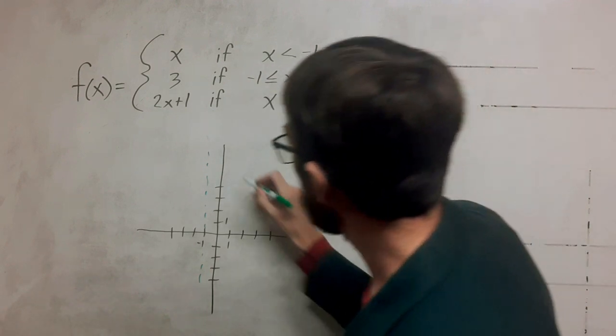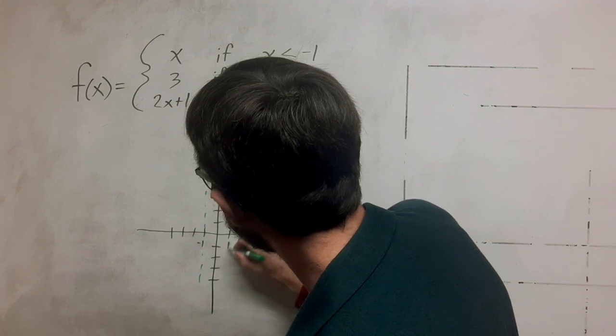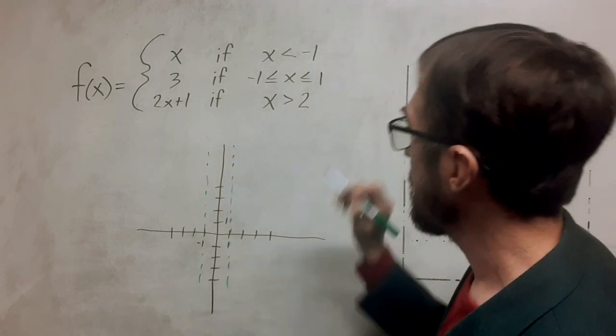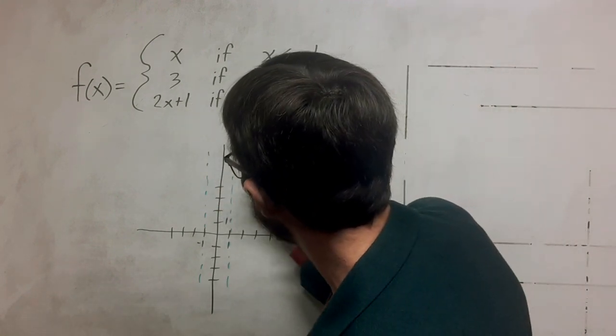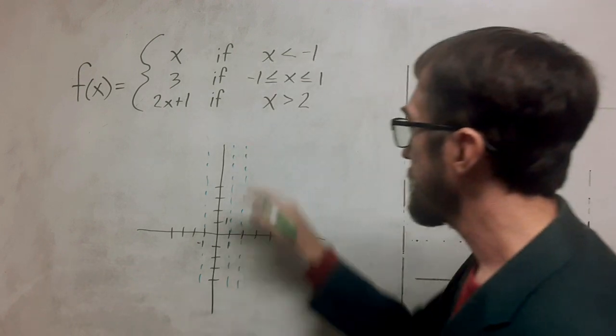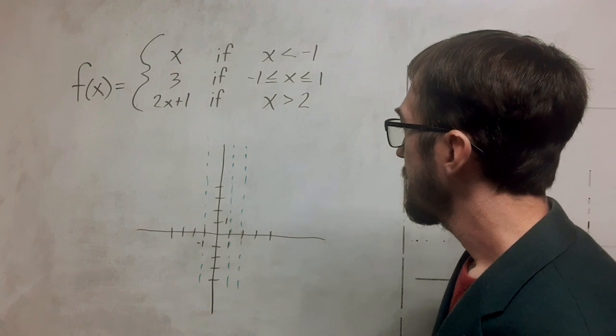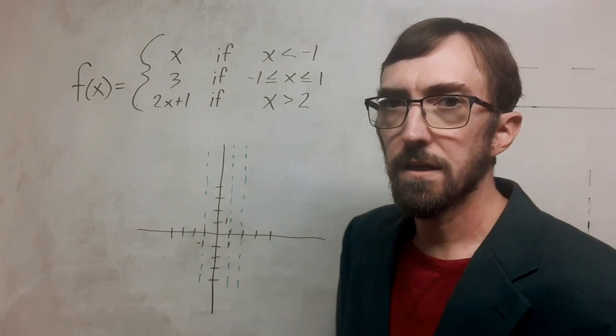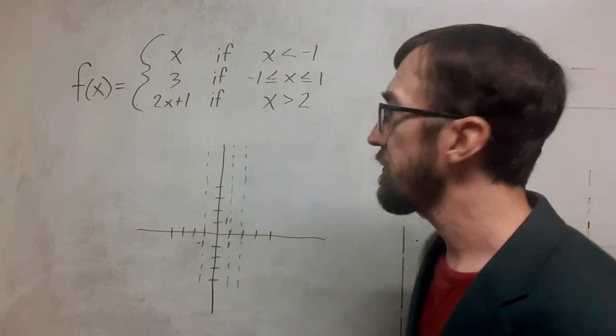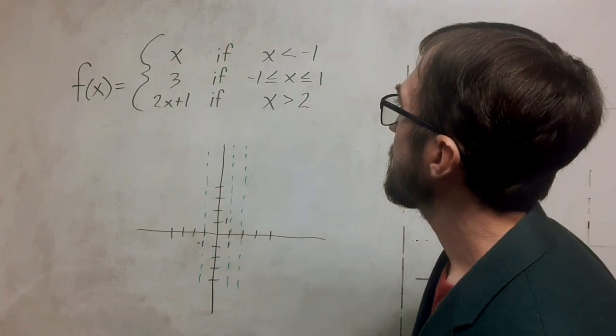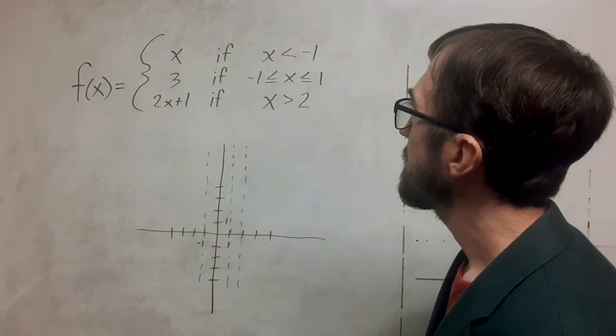I also have +1, and then I have +2. So I am putting some vertical dotted lines there for my own reference. Again, they're not part of the graph itself. Now I can go ahead and start plotting some things.